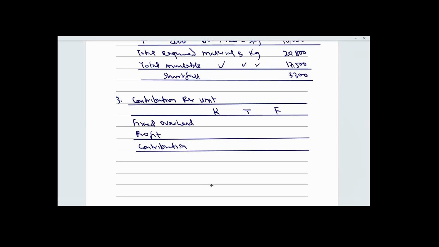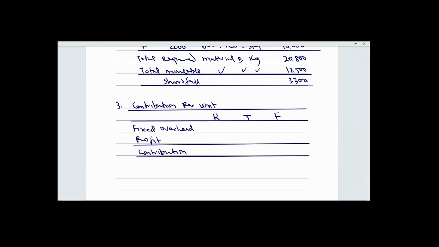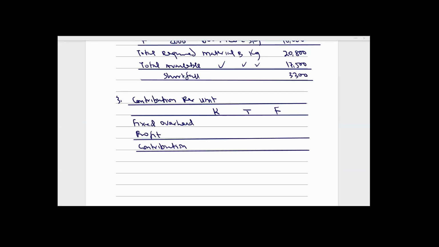So fixed overhead for K, give it to me from the question. 240, then profit is 340. 240 plus 340. That's 580.